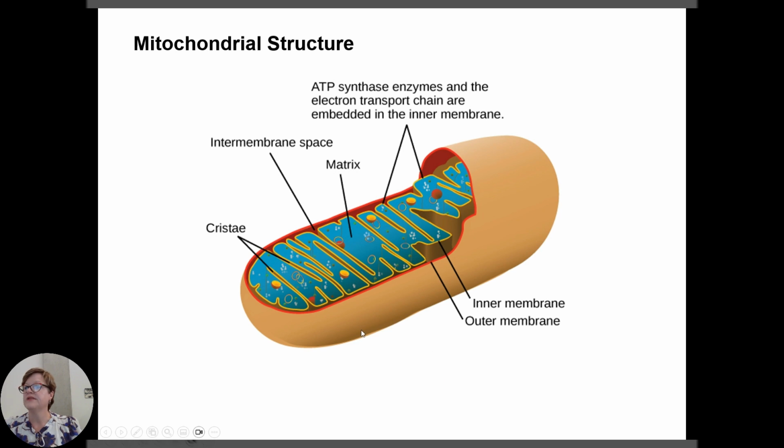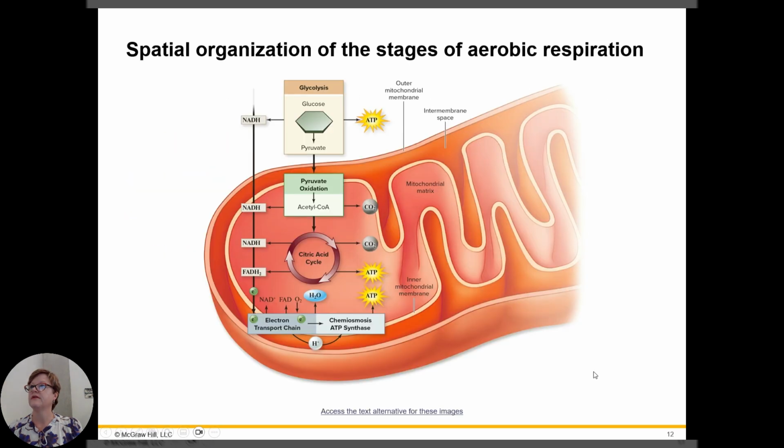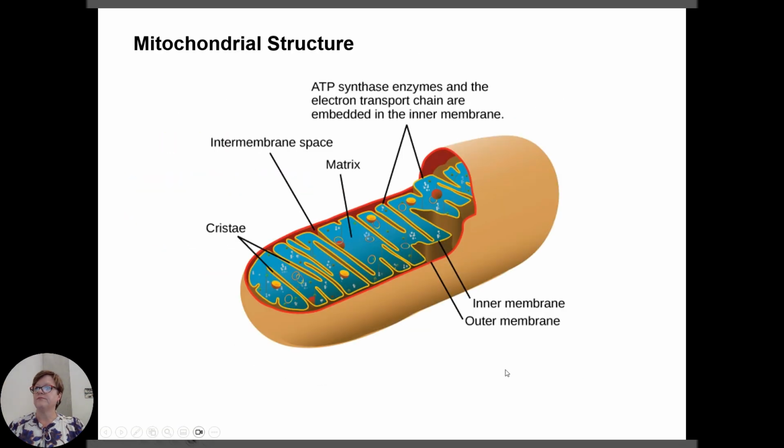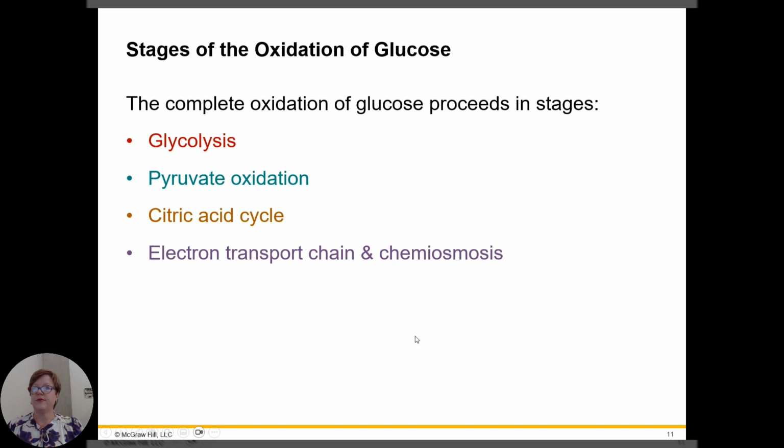But we're focusing on the membranes and the spaces. So: outer membrane, inner membrane, heavily folded. The matrix is the space inside the inner membrane. The intermembrane space is the space between the outer membrane and the inner membrane. You're going to want to be able to label parts of the mitochondrion.